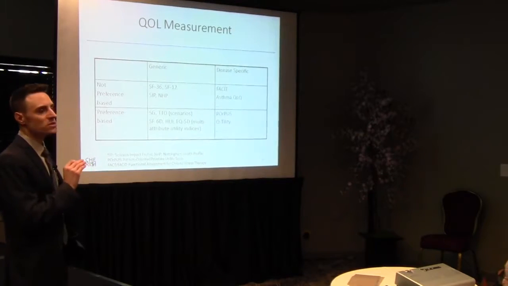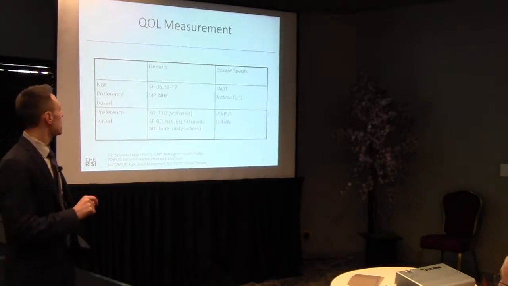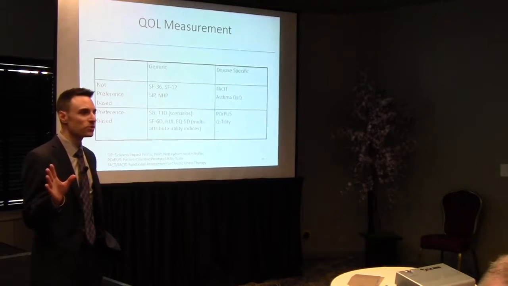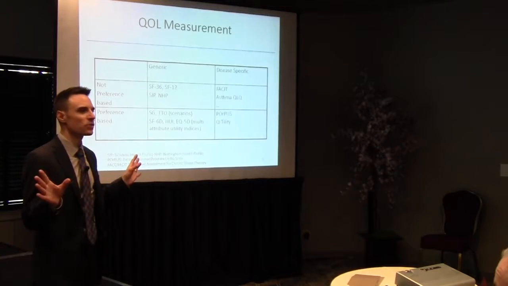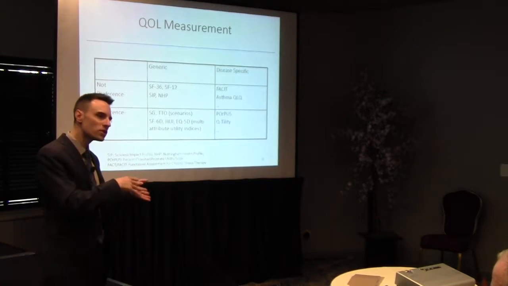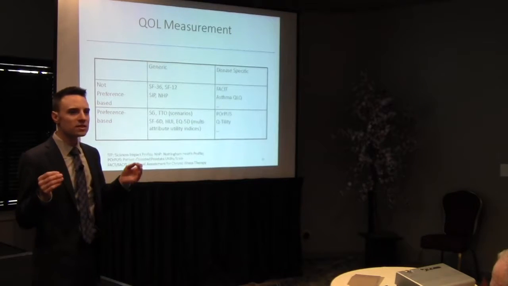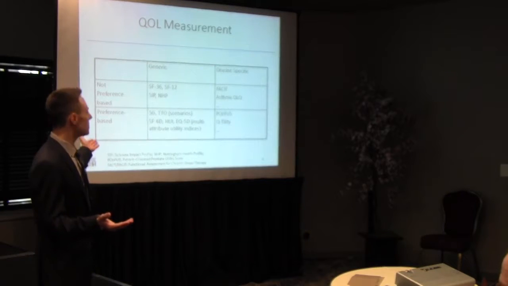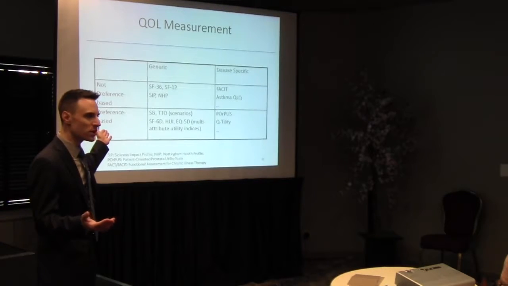So first of all, as I alluded to a few minutes ago, there are quite a few, actually a lot. If you Google health-related quality of life instruments, you're going to end up with all kinds of stuff, right? So there are generic ones, as I discussed. There are disease and disorder-specific ones. And there are some that are preference-based, and some that are not preference-based.